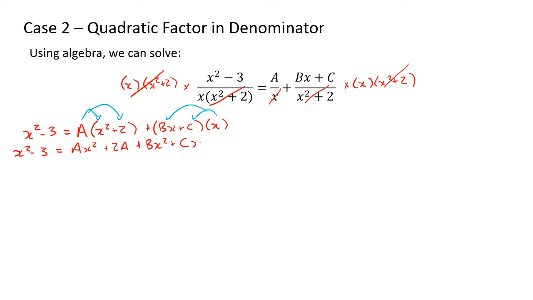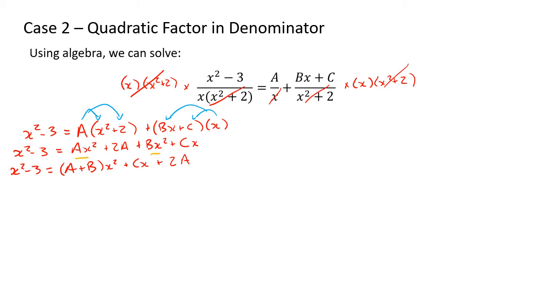So now the last thing we can do is collect like terms. We have two terms here that have x squared, so I'm going to combine them. So I have x squared minus 3 is equal to a plus b times x squared plus c times x plus 2a.